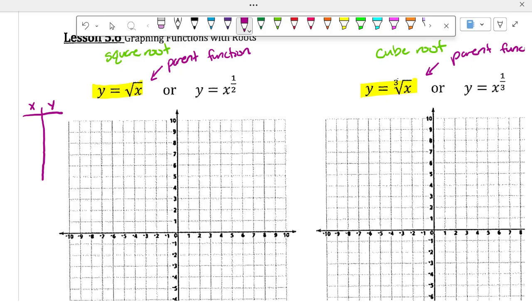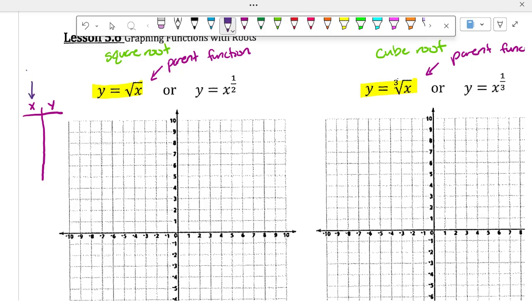Guys, we've been dealing with them a lot when we were simplifying. Close, but no. Perfect squares. Thank you. You want to put in perfect squares in for x.